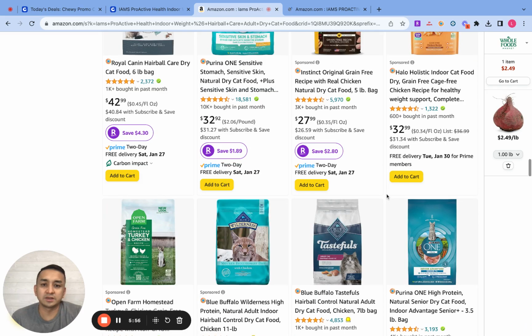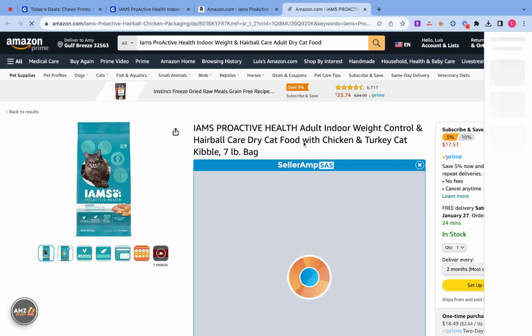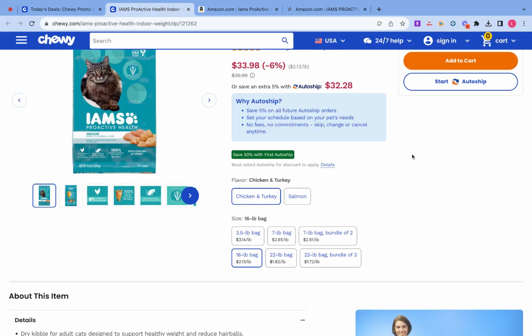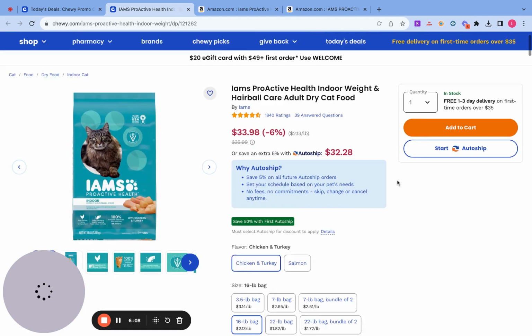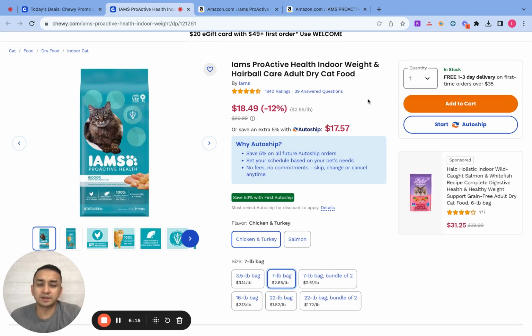Yeah, I don't think it's here. Unless it's this one. Oh, this one is a 7-pound bag, so it's not it. This one is a 16-pound bag. Well, actually, hold on. It's here too, so I would click here. So now this is the 7-pound bag for $18.